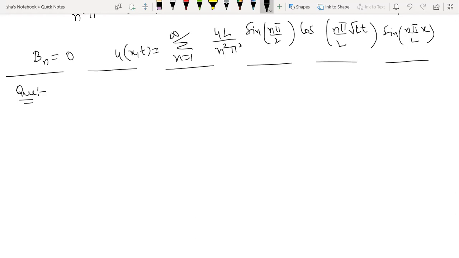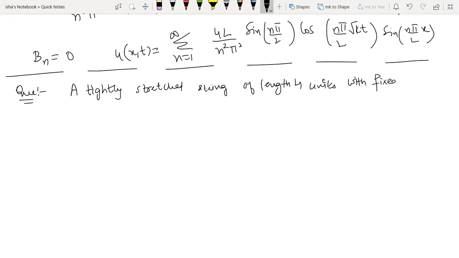Okay, so here we have this particular question. A tightly stretched string of length 4 units with fixed ends is initially at equilibrium position.